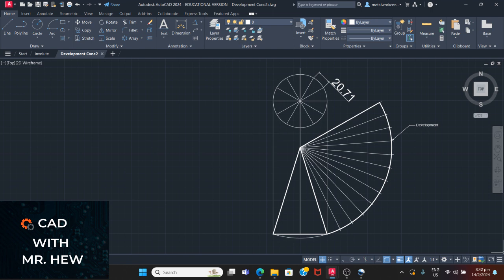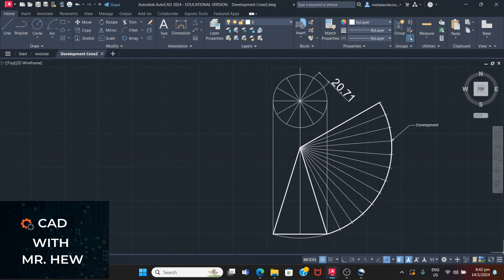Right, so this now would be the development for the cone.